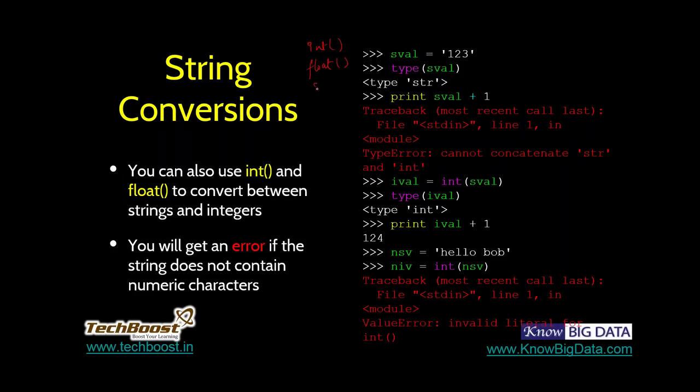The third conversion function we are discussing is str. Let's have a look at what str does. str converts an integer or a float to a string.